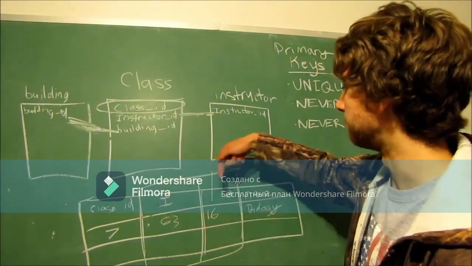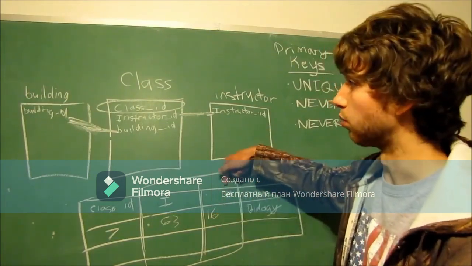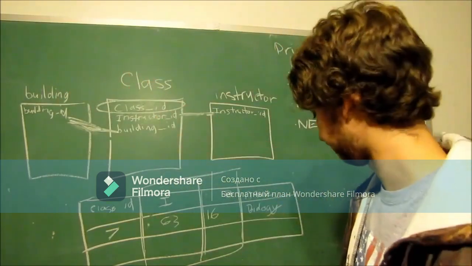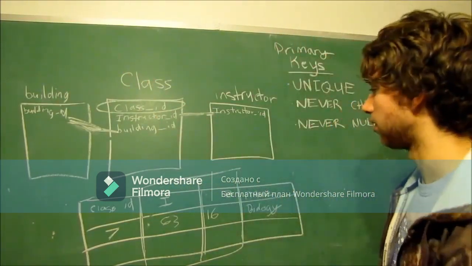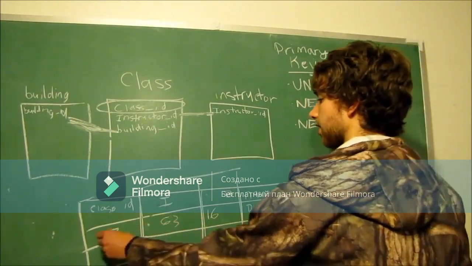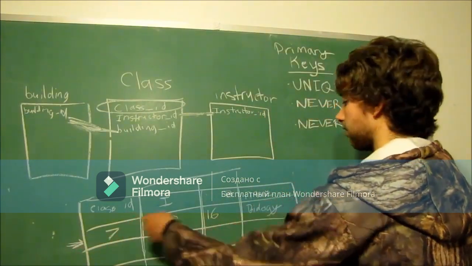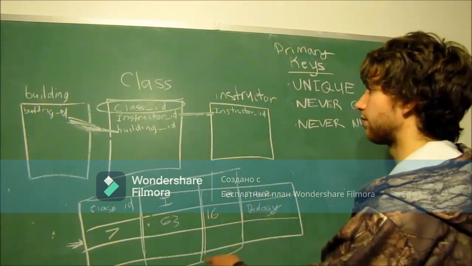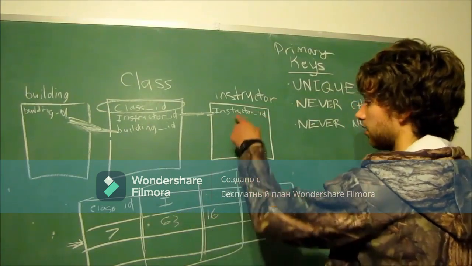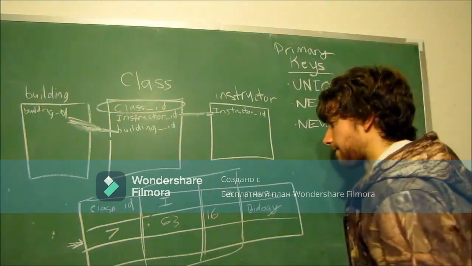Now, same for the building ID, we could say that every single row has to reference a value within the building ID. So that means this row individually, the class ID with 7, biology, references the instructor with the ID of 63, and the building with the ID of 16.